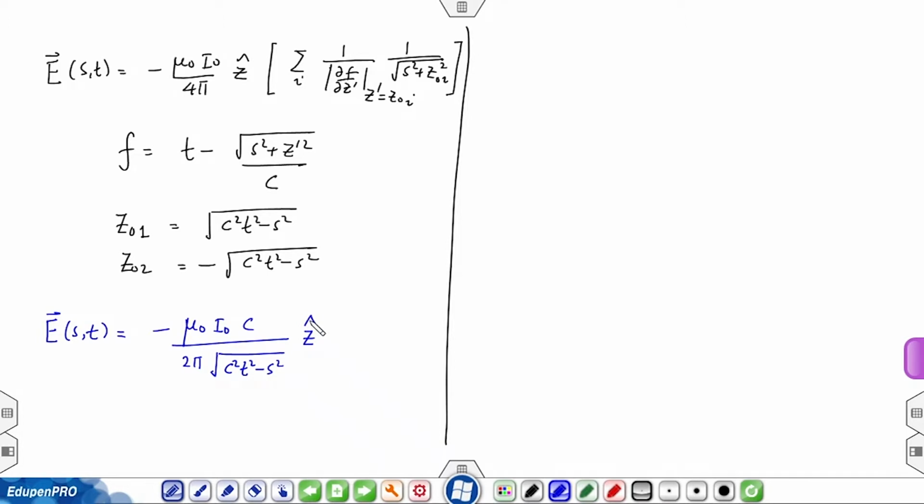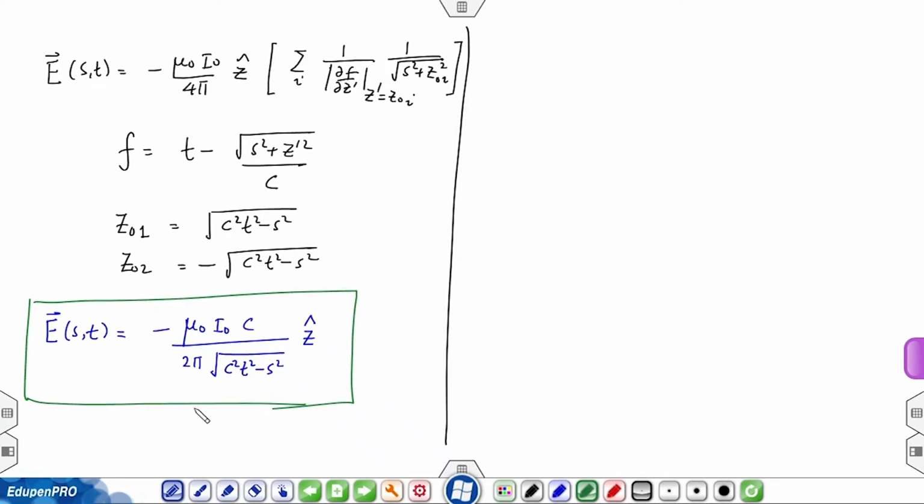So, rest of the filling in you have to do. So, this is my electric field from direct calculation from the formula for it.